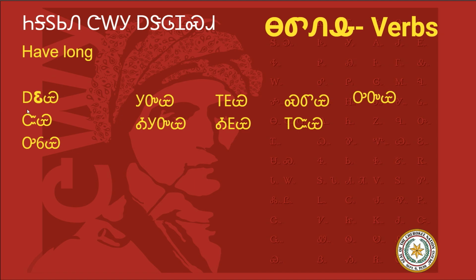Okay? So, aquia, I have it. Zya, you have it. Uwya, he or she has it. Ginaya, you and I have it. Oginaya, the two of us have it, but you don't. Ikaya, all of us have it. Okaya, we have it, but you don't. Stya, you two have it. Ijaya, all y'all have it. And unaya, they have it.